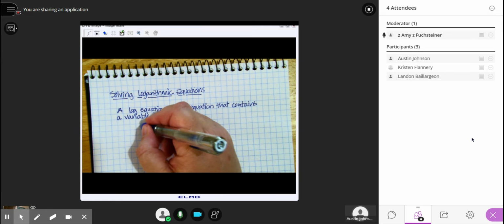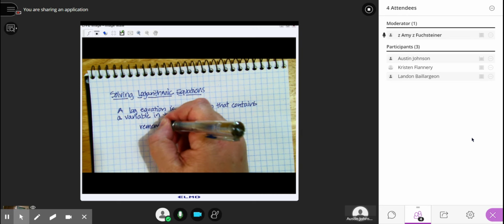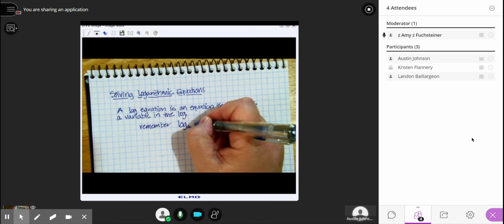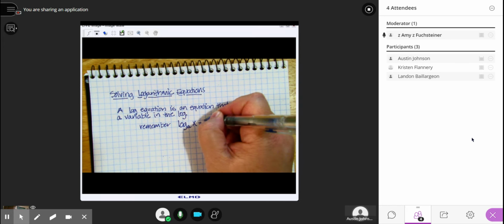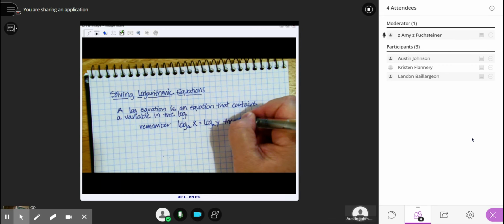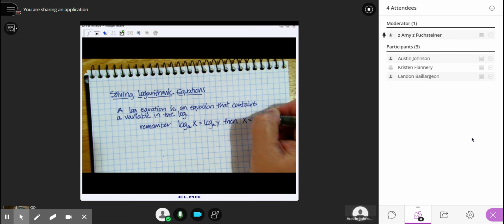Okay, remember, if log base a of x is equal to log base a of y, then it must be true that x is equal to y.